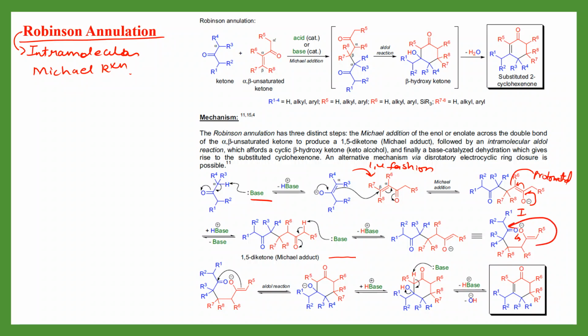Basically, this is an aldol reaction, but in intramolecular fashion. So then this will get protonated, and at last, after elimination, you will get this alpha beta unsaturated product. I hope I am clear to you all.